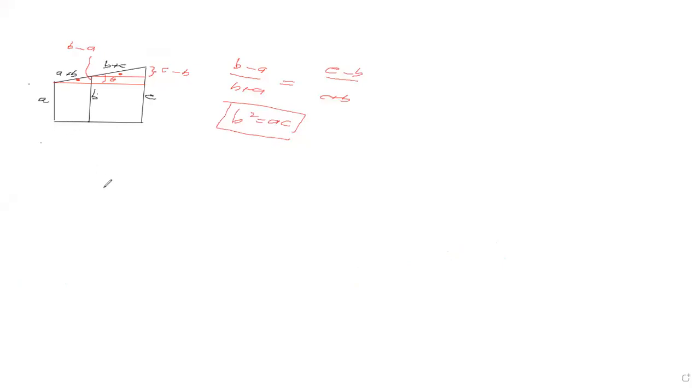Now we have 5 vertical lines. These are all equal to the radii.